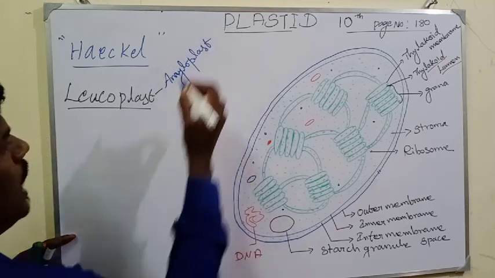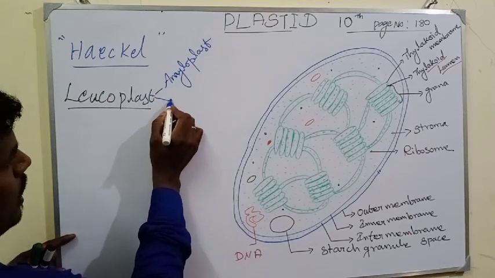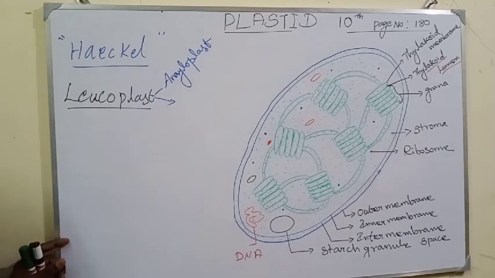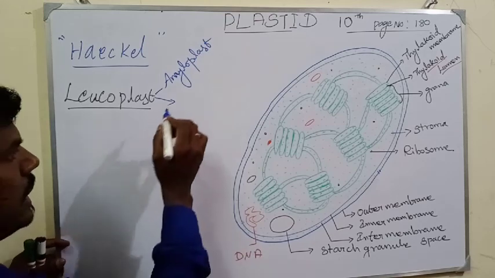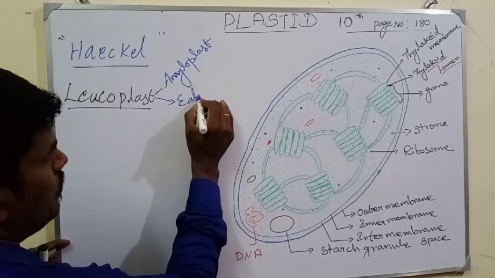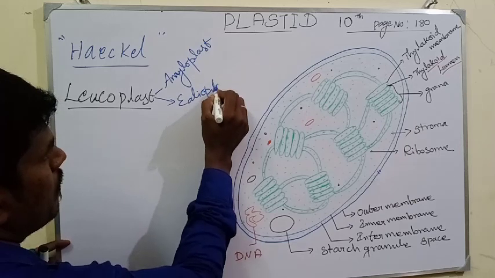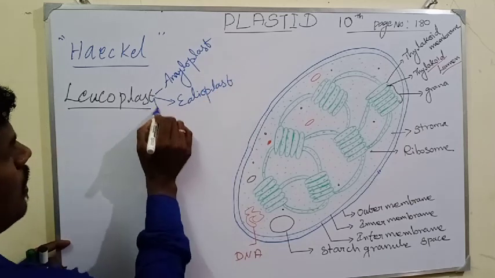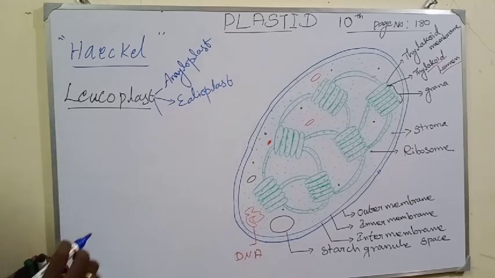First one, amyloplast. And second one, elaioplast. And third one, aleuroplast.